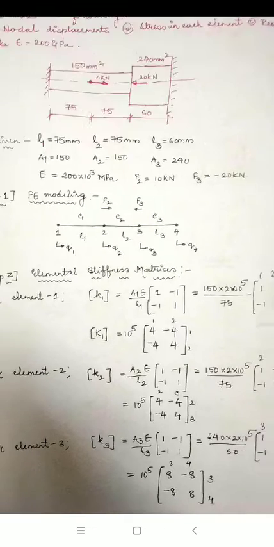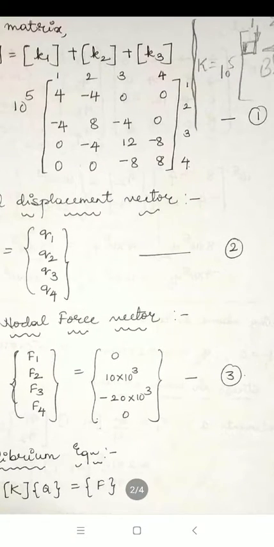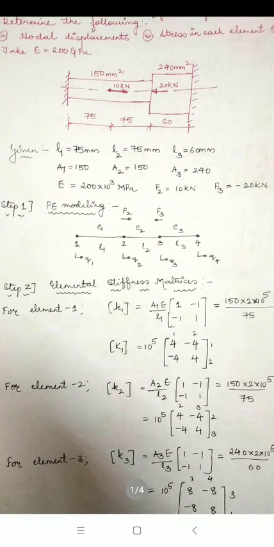Check there. This one, column 3, row 1 is not available in all 3 matrices. So, that value I will write it as 0. Next, column 4, row 1. Here also I have written 0. Check there. Here in K1, K2, K3, we won't get column 4, row 1 value. So, I have written as 0.